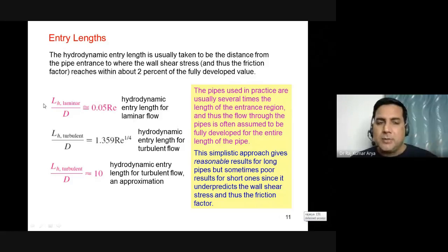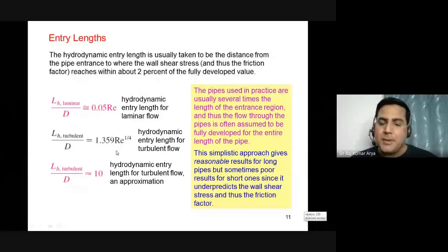For turbulent flow, it is given by this. There are several correlations for that. One is L by D equal to 1.359 Re to the power 1 by 4. Another one is a rough estimate, where L by D is not treated as a function of the Reynolds number, because the flow is highly turbulent so it is independent of that.